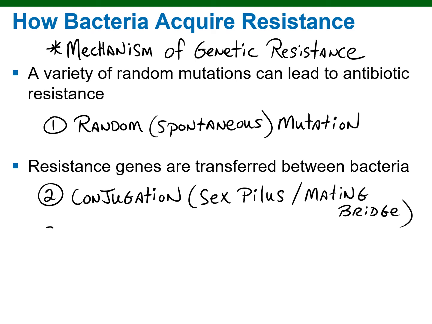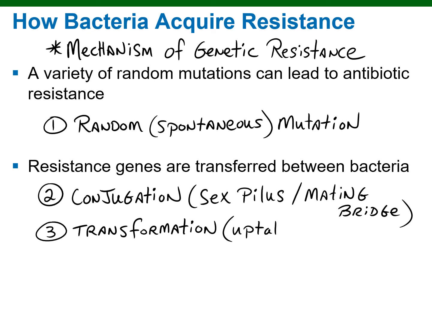And another way that genetic resistance can be acquired is through a process called transformation. Transformation is rather mysterious, at least it was in concept for a long time, but we now know that bacteria have the capability to uptake naked DNA from their environment.